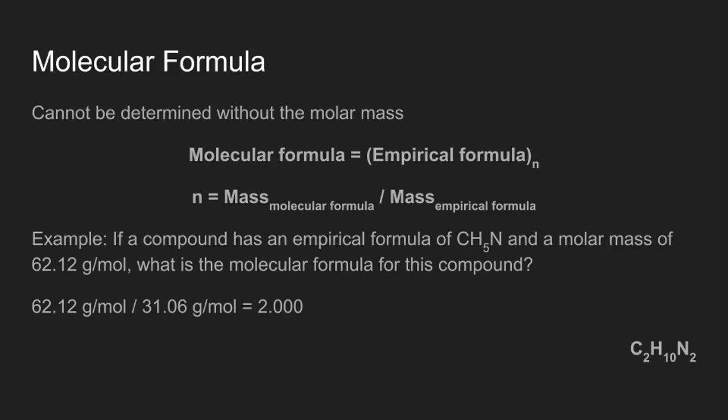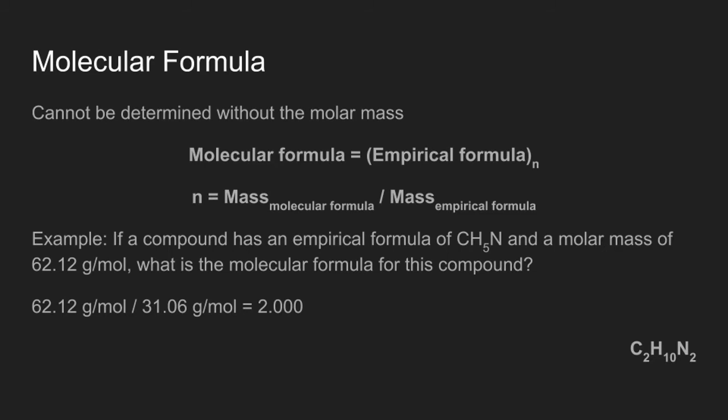For example, if a compound has an empirical formula of CH5N, and we know that the molar mass is 62.12 grams per mole, we can determine the molecular formula by taking the 62.12 grams per mole and dividing by the empirical formula's mass, which was calculated by taking the molar mass of carbon plus the molar mass of hydrogen times 5 plus the molar mass of nitrogen, and that was 31.06 grams per mole.